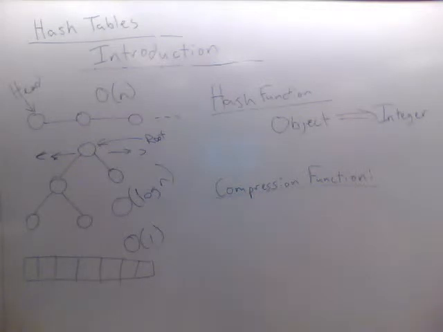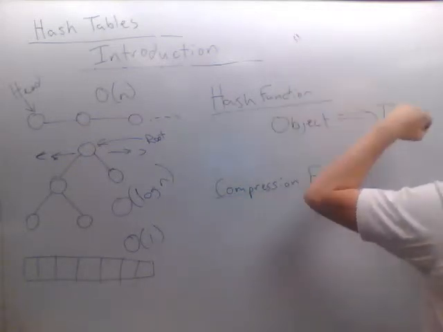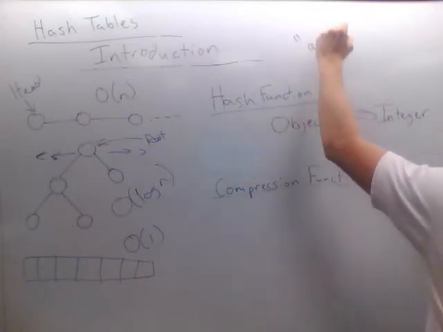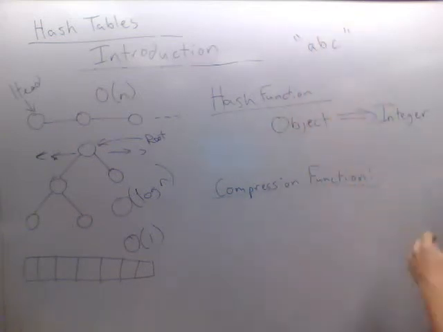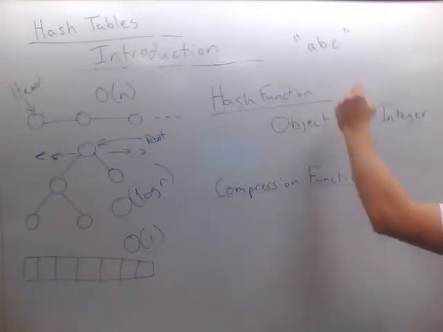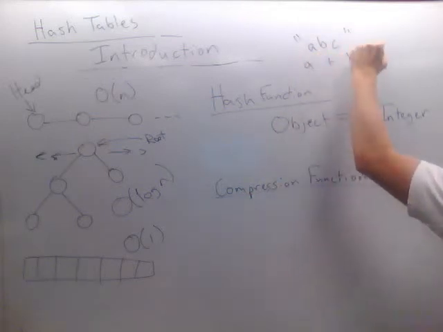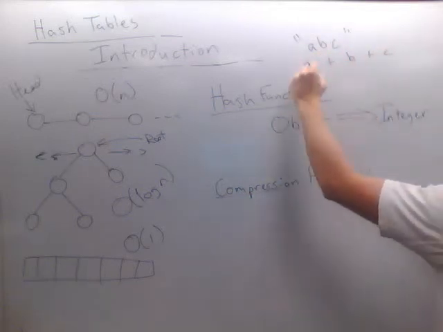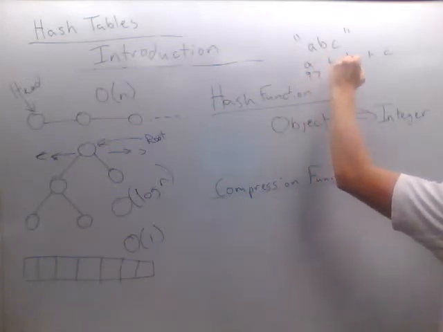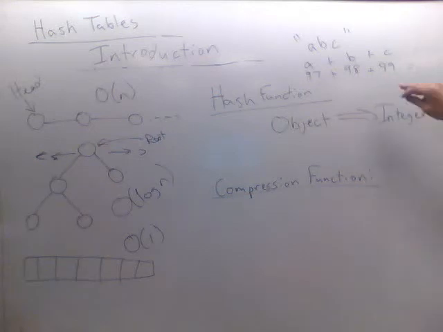So quick ways to do that: if we have a string ABC, then a hash function for a string could be the ASCII value of A plus the ASCII value of B plus the ASCII value of C. So whatever 97 plus 98 plus 99 is, that'd be the hash value that you get.